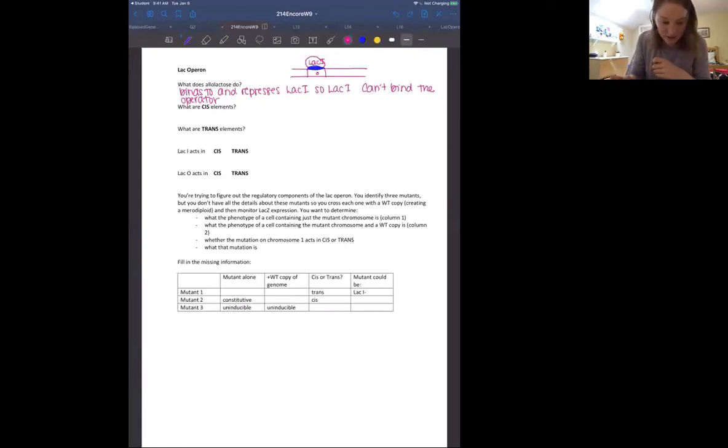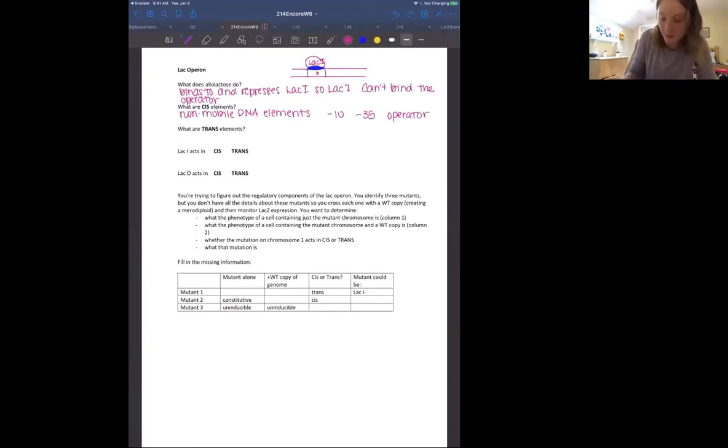Okay, and then cis elements are just non-mobile DNA elements. So that would be things like operators and your -10 region, your -35 region, things that bind trans factors. So they're non-mobile DNA elements that are going to bind the trans factors.